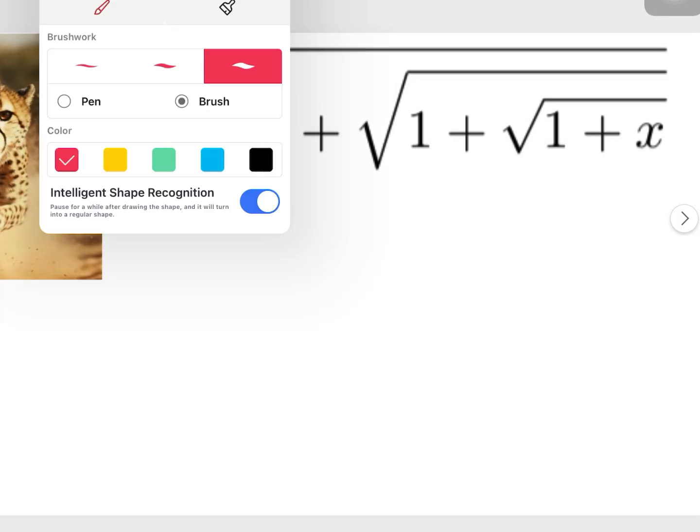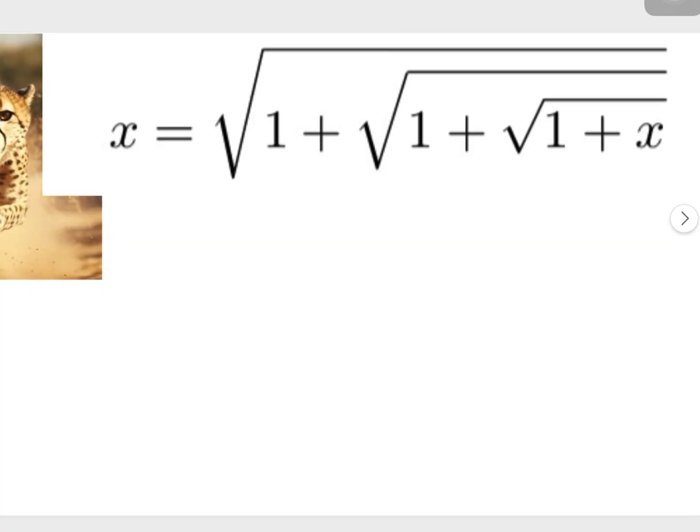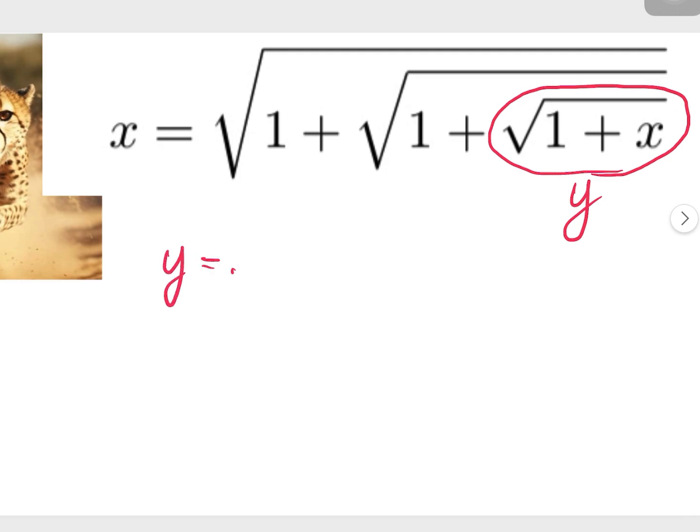If I take one block, square root of 1 plus x, I can name it y. I can replace it with a variable y. So y equals square root of 1 plus x.